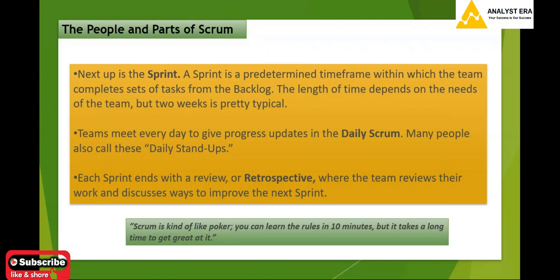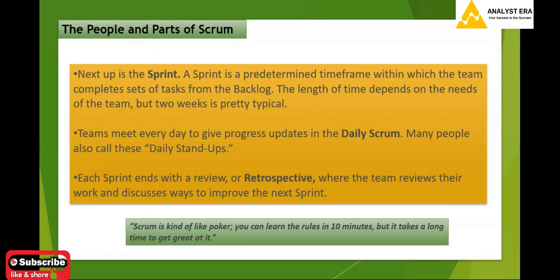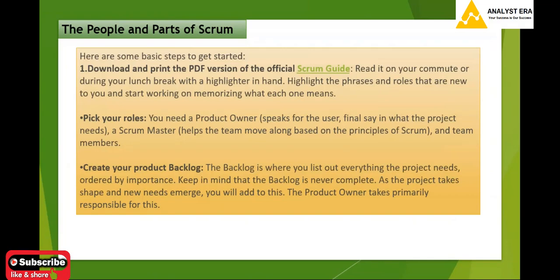So all of these things are very straightforward to understand, and it looks good when we look at the processes which are in place. It looks good, but implementing it and getting great at it will take time. That's the problem with having a Scrum. Essentially, it is very straightforward, but teams take time to understand Scrum and to adapt to Scrum.